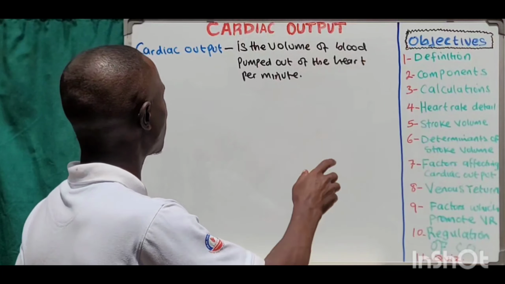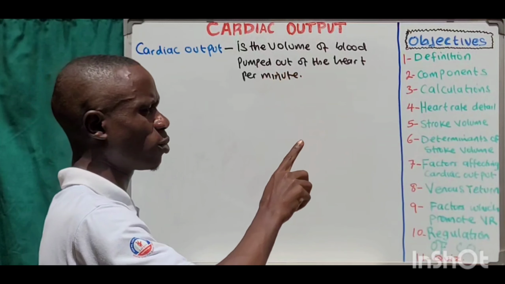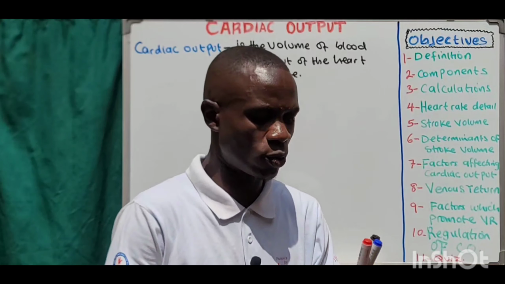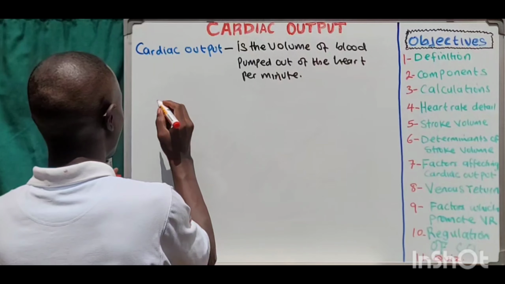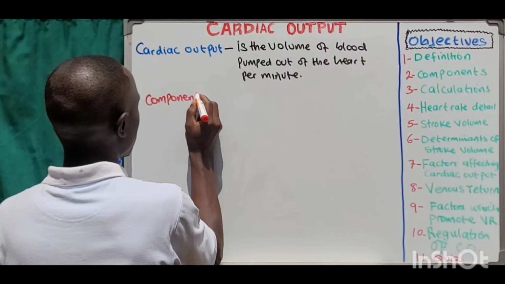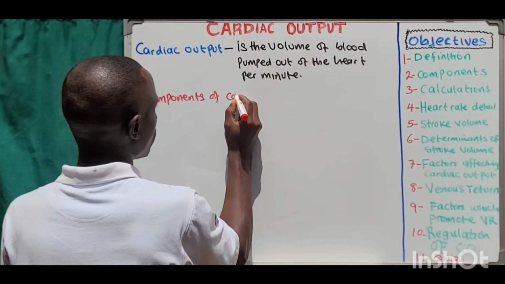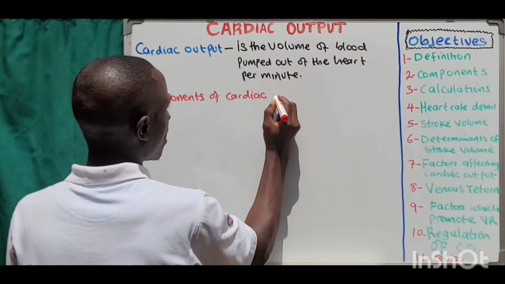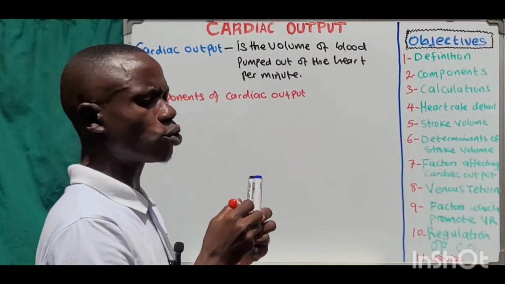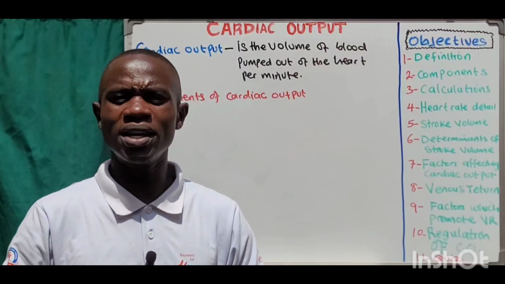Now, having seen the definition of cardiac output, let's go ahead and see the components of cardiac output. There are two main components of cardiac output.